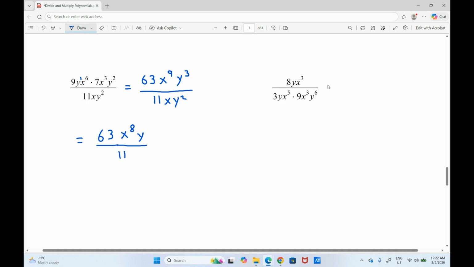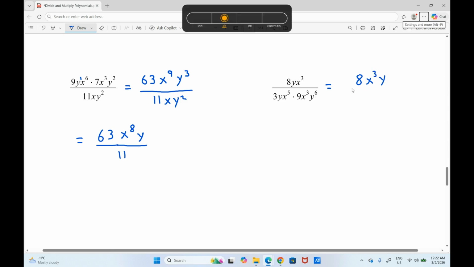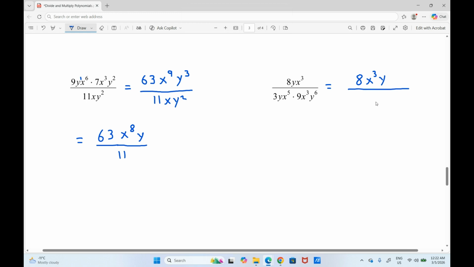I'm going to simplify what I have on the bottom, because what I have on the top looks like it's already fully simplified. I'm just going to rearrange this and put the x before the y, just because I like to keep things alphabetical. So here I have 3 times 9. That's going to be 27. Y to the exponent of 1 times, or let's just do x first because I like to keep it alphabetical.